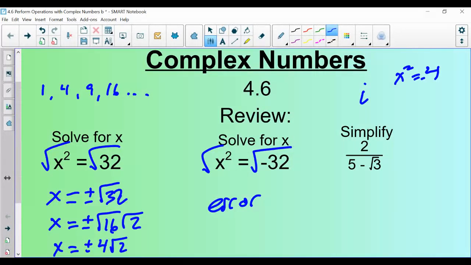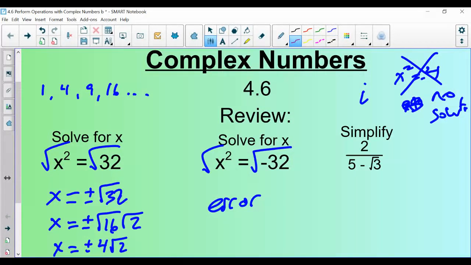That also doesn't get us to negative 4, because negative 2 times negative 2 is still positive 4. And so we would historically look at this and say, no solution. Today, we are learning that, hey, this does have a solution. It's not exactly a real number. It's an imaginary number, but it does have a solution nonetheless.